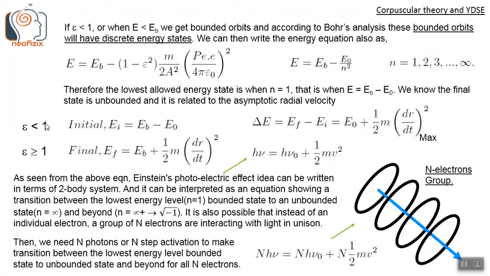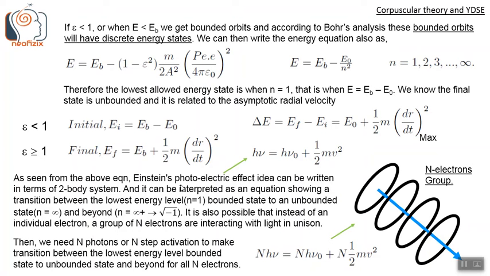So this is the initial state, this is the final energy state, and the difference between them is delta E. So delta E equals EF minus EI, final state minus initial state, will be just E naught plus half m dr by dt square max, where this is the maximum radial velocity. So the energy change between the final and the initial state is just E naught plus half m dr by dt square.